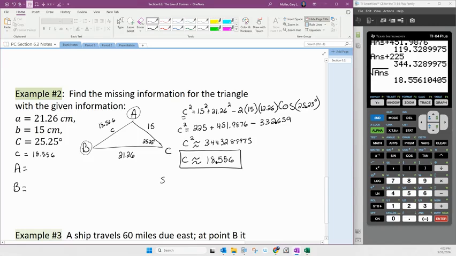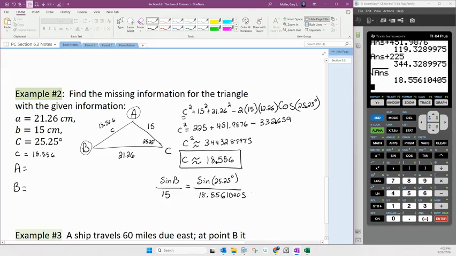So I'm going to do the sine of B over 15 equals now my known pairing of the C's. So the sine of 25.25 degrees over, as if I can help it, again, the most accurate version of this, 18.556, and I've still got on my calculator 10405.